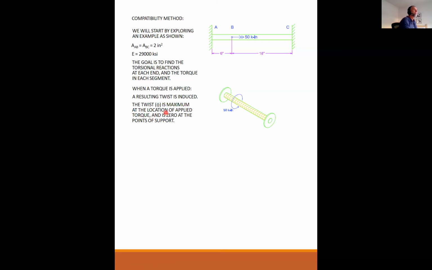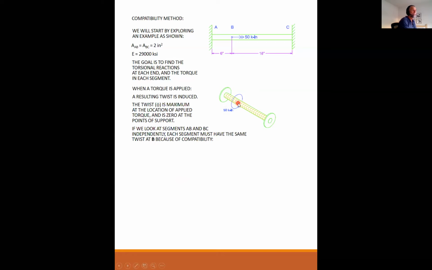So the twist, phi, is maximum at the location of the applied torque and is 0 at the points of support, like I mentioned. If we look at segments AB and BC independently, each segment must have the same twist at B because of compatibility.